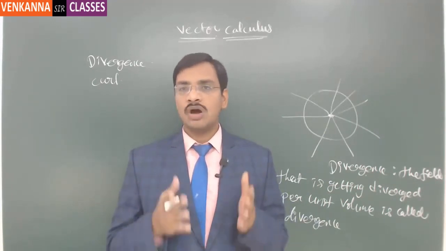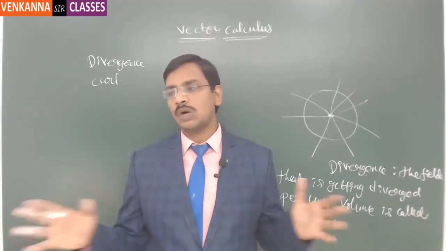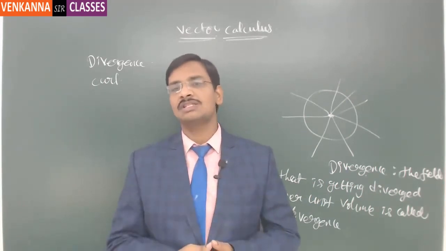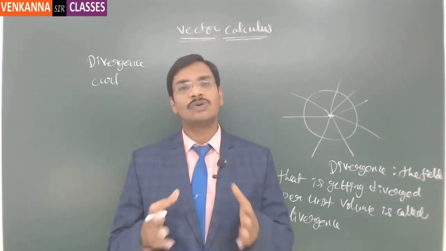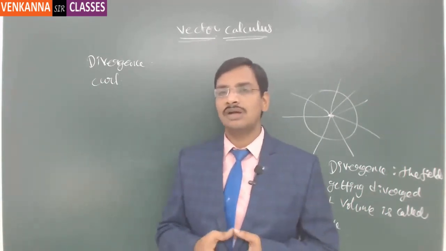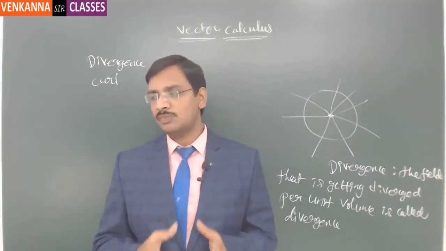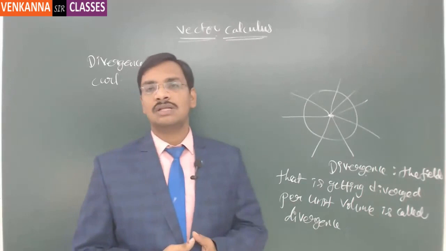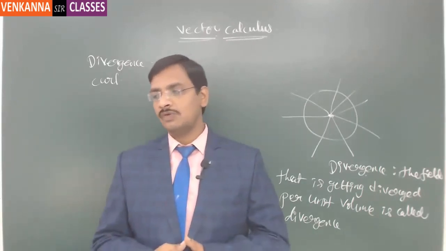How much quantity of water is crossing these walls is exactly equal to the quantity of water that is getting generated within this room. This is what we call the continuity equation, or, most popularly in physics, the law of conservation of mass. The law of conservation of mass is otherwise called the continuity equation in fluid dynamics.